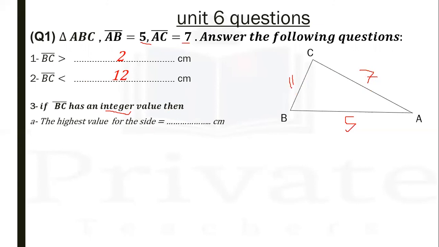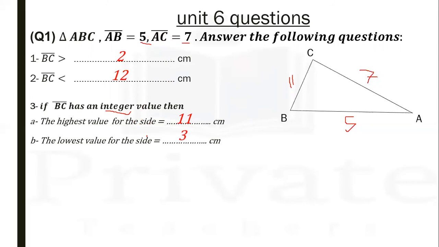The highest value we can reach for BC is 11, and for the lowest value we subtract 7 minus 5, which is 2. So the side has to be greater than 2, which is 3.